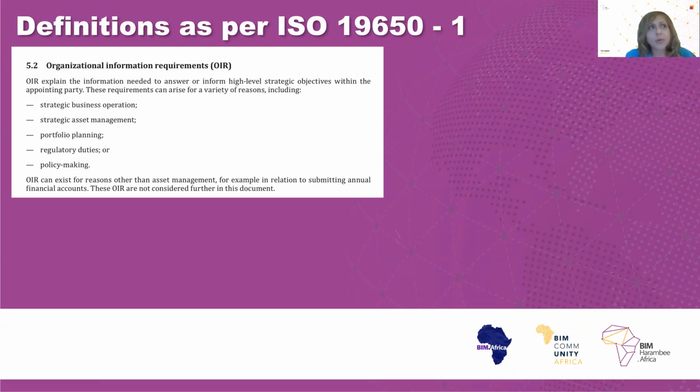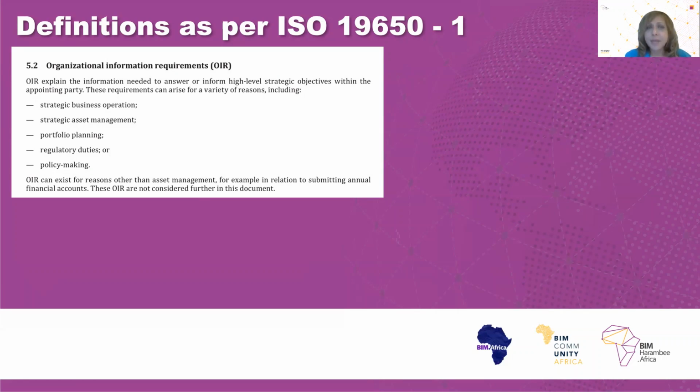Basically, an OIR, or an Organizational Information Requirements document, is one which defines or stipulates the business objectives that the appointing party or the client wants from creating that asset or that building.